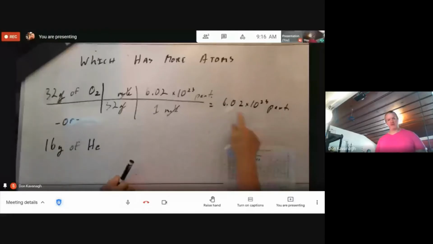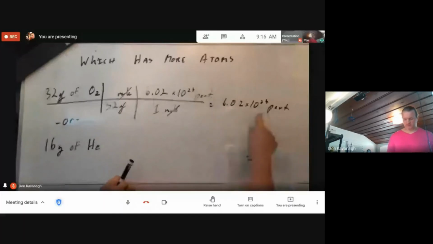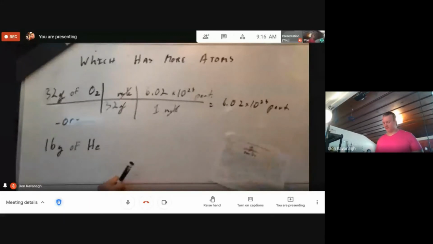To compare to the number of particles of helium, we again look up the atomic mass of helium off the periodic table, and it's just He, just a solo one. So that is 4 grams per mole. Grams divide out, and this will tell us how many moles, about 4 moles of helium.